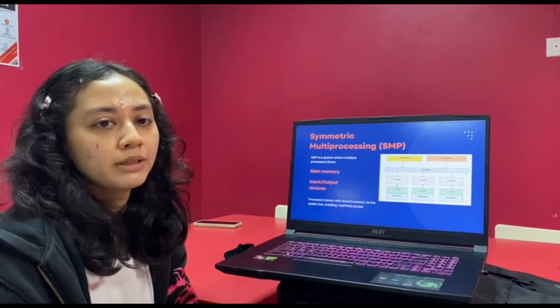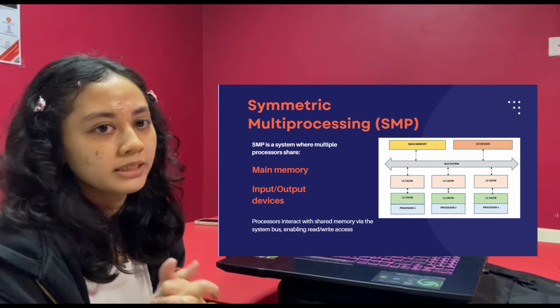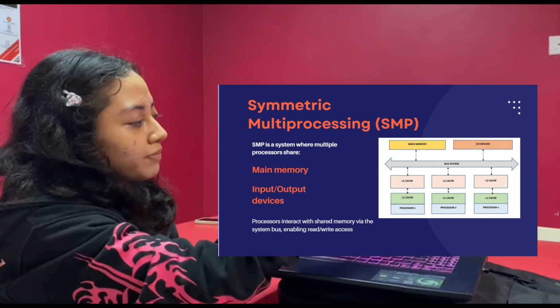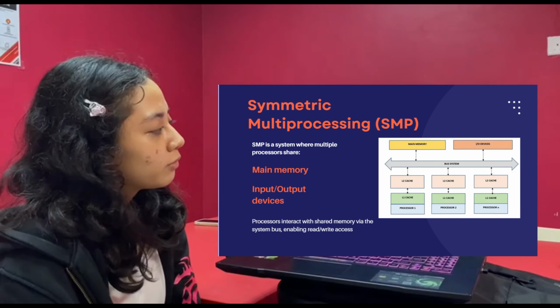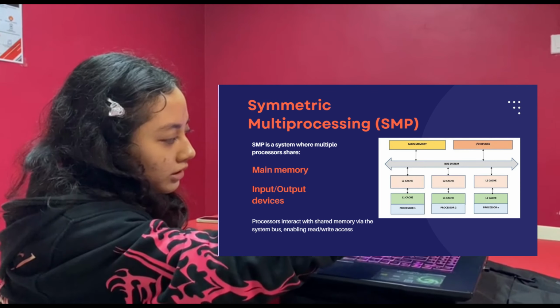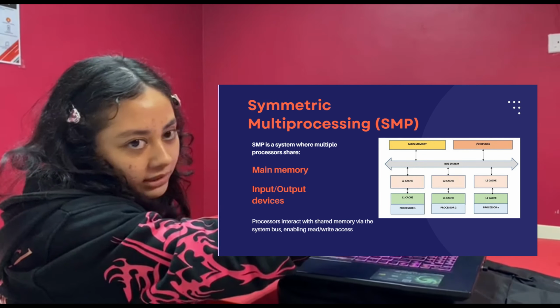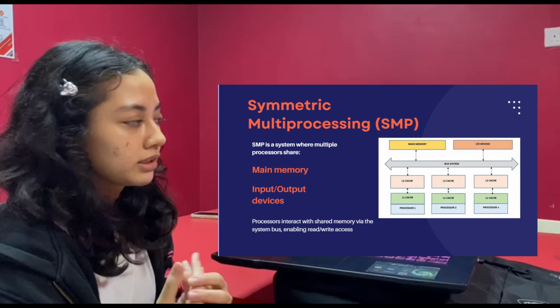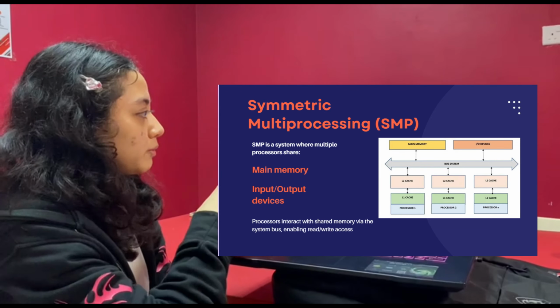Next, I will be explaining symmetric multiprocessing, SMP. This is our design for our SMP, where you have the main memory and I/O devices connected to the bus system, and then connected to the L2 cache for each processor and then the L1 cache for each processor. This is processor 1, processor 2 and processor N, meaning there can be multiple processors. SMP is symmetric multiprocessing.